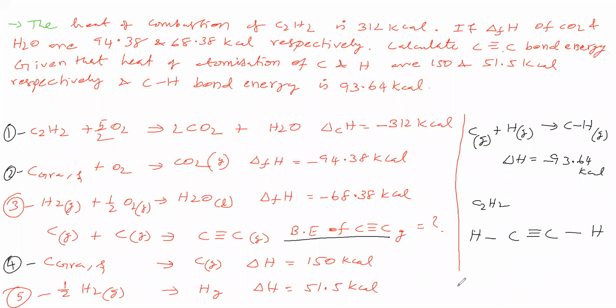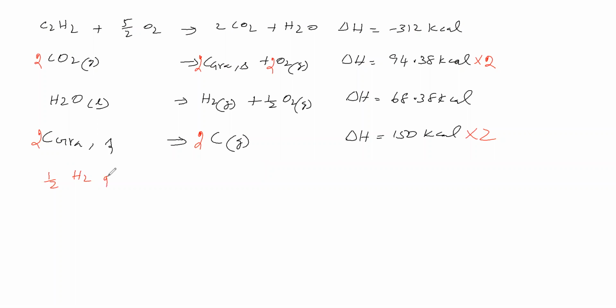Of H2 gas gives a hydrogen atom in gaseous state, and delta H is 51.5 kilocalories. Here one H2 is there, but here half H2, so we will multiply this equation by 2. Then the half gets cancelled and this becomes 2 hydrogen atoms.